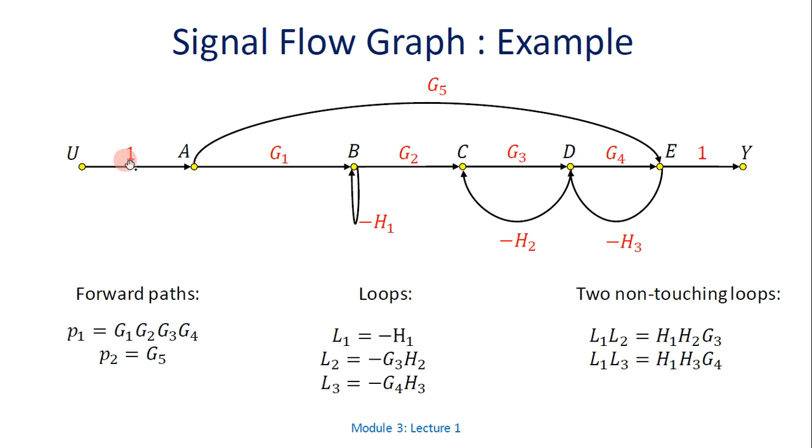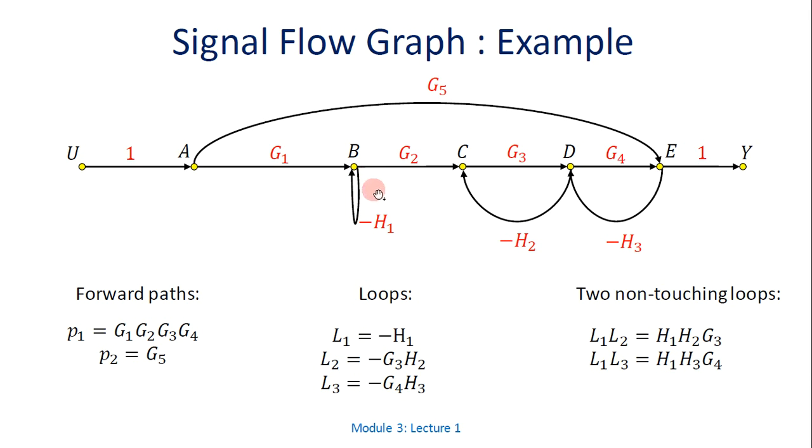The forward path gain of the first forward path is P1 equal to 1 into G1, G2, G3, G4 into 1. So that is G1 G2 G3 G4. The gain of the second forward path is 1 into G5 into 1, so that is G5. In this problem we have only two forward paths. Now let us check how many loops there are.